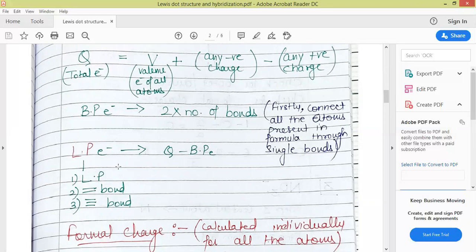Then all the lone pair electrons are satisfied by the lone pairs present on the atoms, or the double bonds present in the molecule, or the triple bonds.